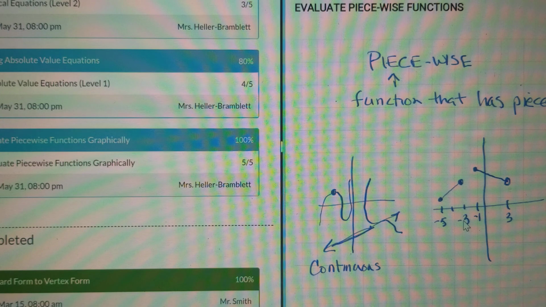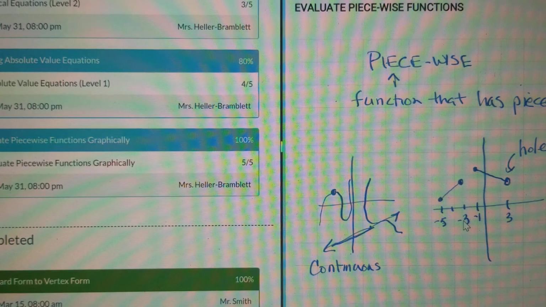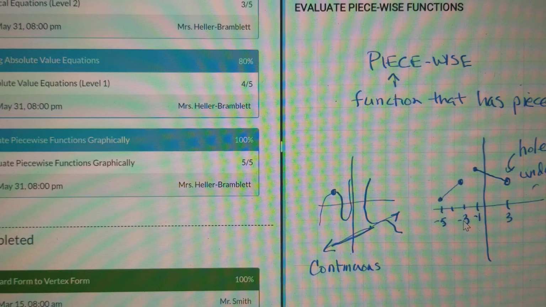But notice at 3, this is a hole. So the function has a definition between -1 and 3, but not at 3. At 3, the function is undefined. So this would be undefined at x equals 3.